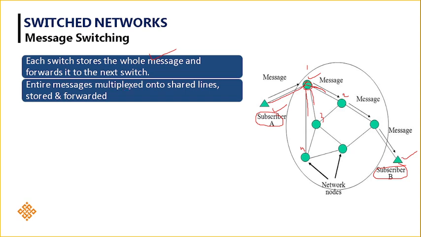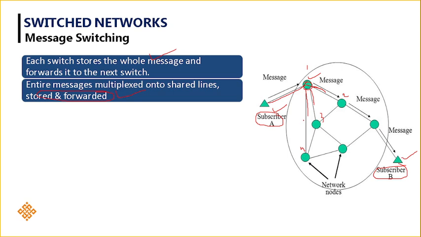The entire message is multiplexed onto the shared channel, and we are using what is known as the store and forward concept. Why do we call it store and forward? Because each switch should store the data for some time in order to check the destination address in the header and also to identify the next best route. In order to decide that, it needs to store for some time.